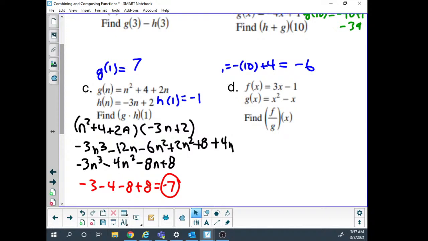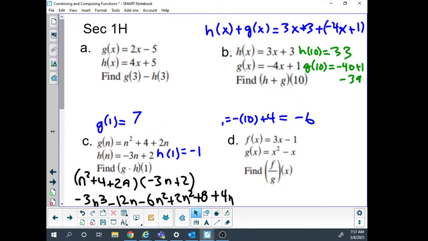Any others? Alright, you feeling good on A, Jay? Yeah. What'd you do there? So it was g of 3 minus h of 3, and I just changed all of the x's to 3.